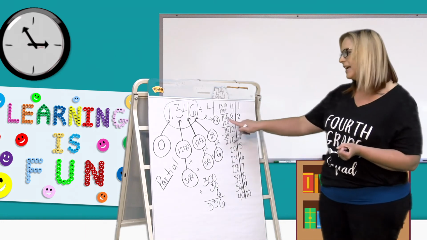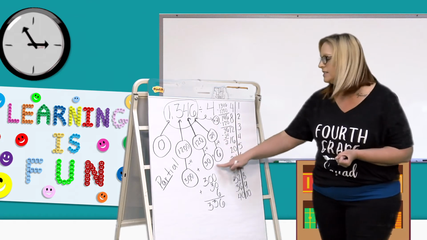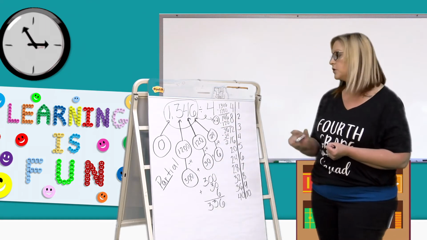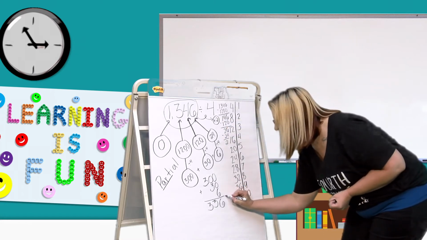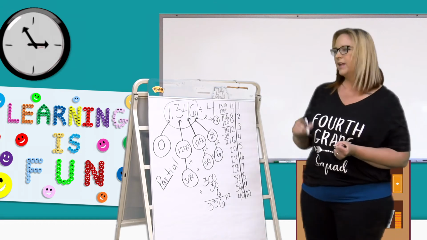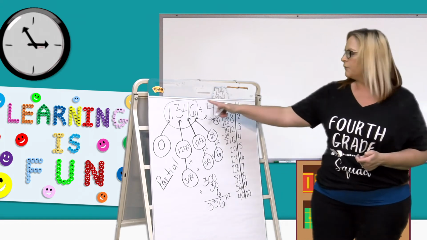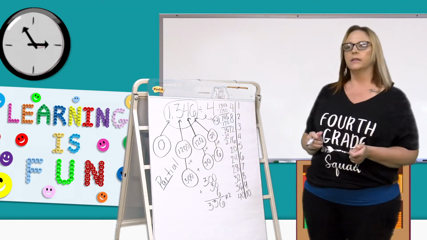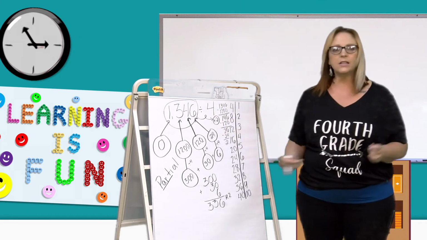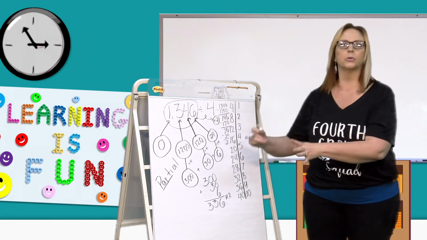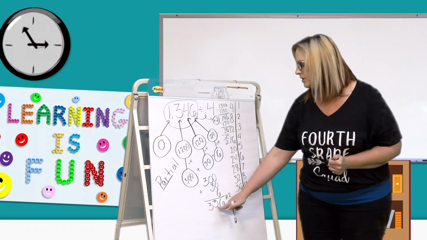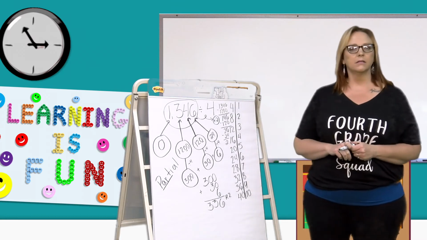But I can't forget, I had 2 that did not fit into any of these categories. I had 2 left over. This 2 is my remainder. I have a remainder of 2. What that means is, if I take this amount, 1,346, and I split it into 4 equal groups, each group will have 336 pieces.